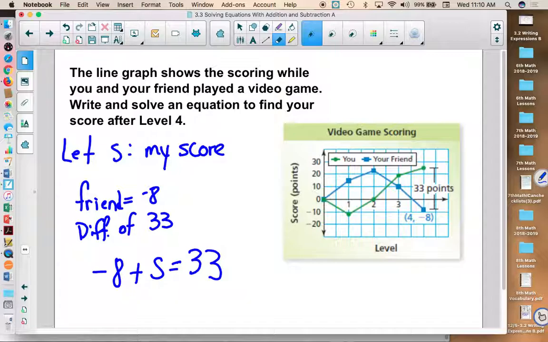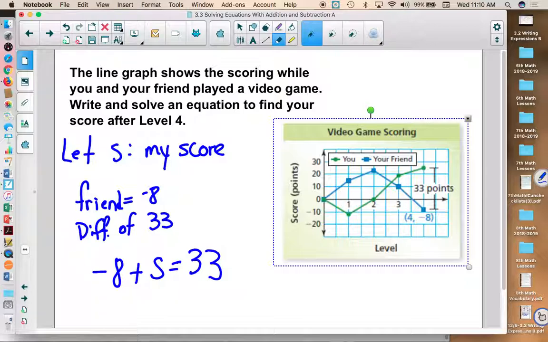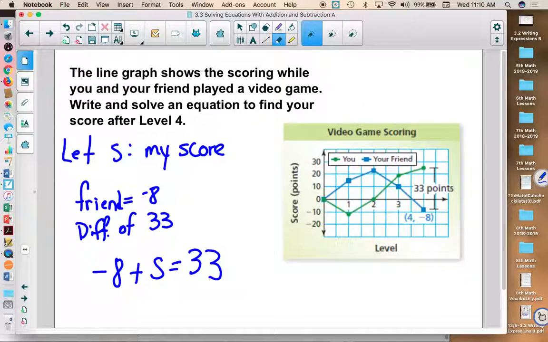Can I add those two together to find what my score is? Here's why. Is the distance from my friend to 0 -8? Yes? Is the distance from 0 to my score, I don't know, an S? Because I'm on a positive, but altogether that distance is 33. Can I solve it now?